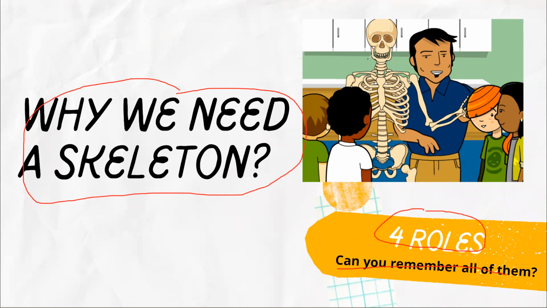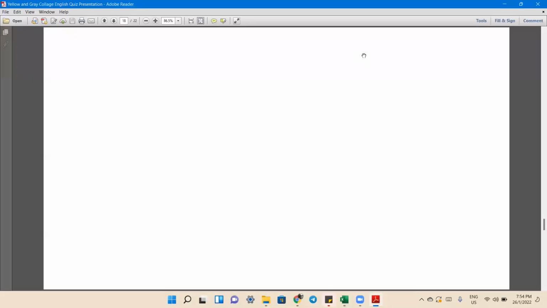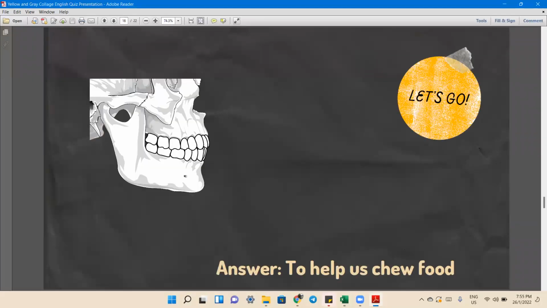Okay, I will put a timer for 2 minutes. Think about all the 4 roles. Try to say it out loud and see whether it's correct or not. Let's check. Okay, wait.